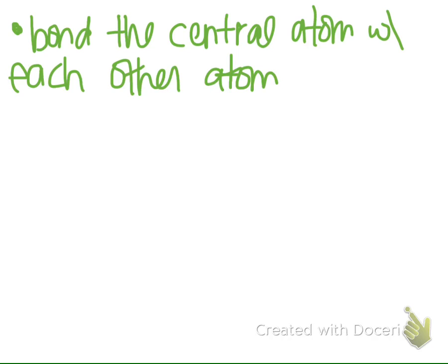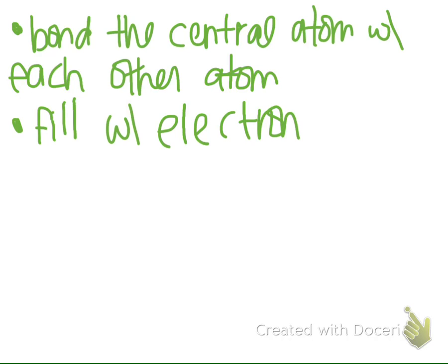So after we draw our skeleton, we determine which one's our central atom. We draw a bond to each of those other atoms. Then we fill with electrons to the total number that we were supposed to have.